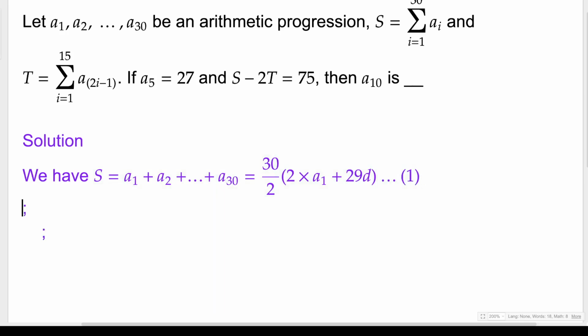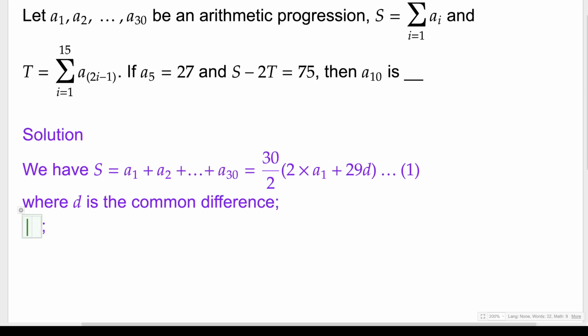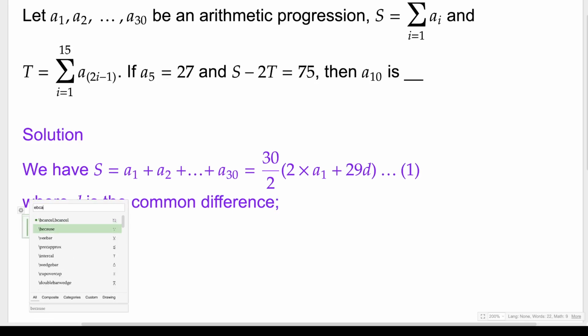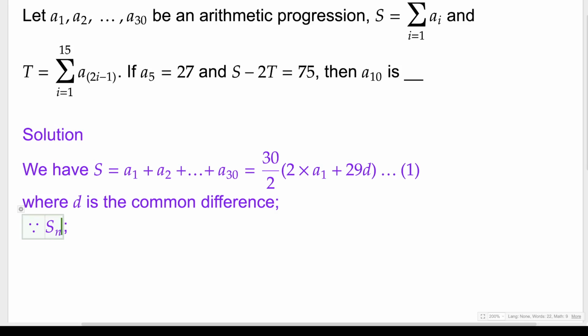Here d is the common difference. We are using the formula for the sum up to n terms, that is n over 2 times 2a plus n minus 1 times d.